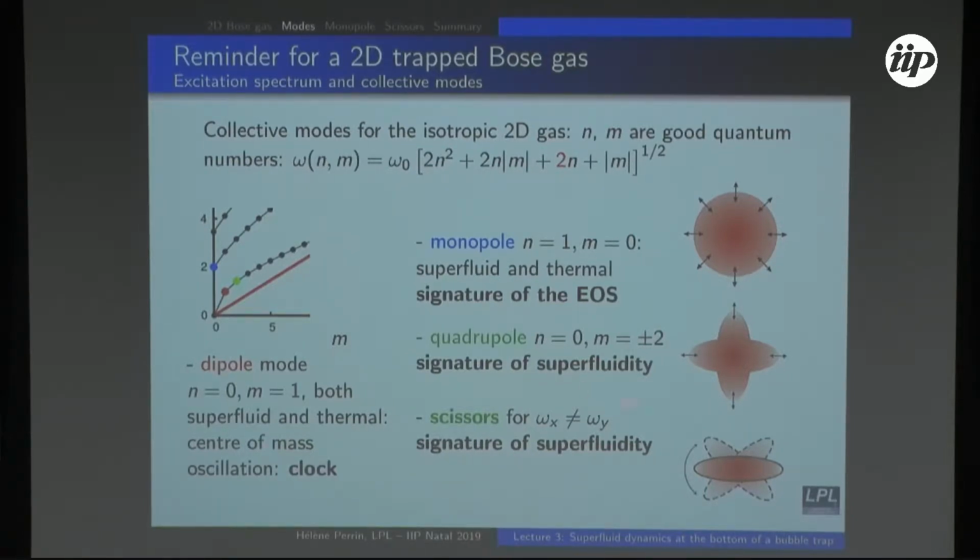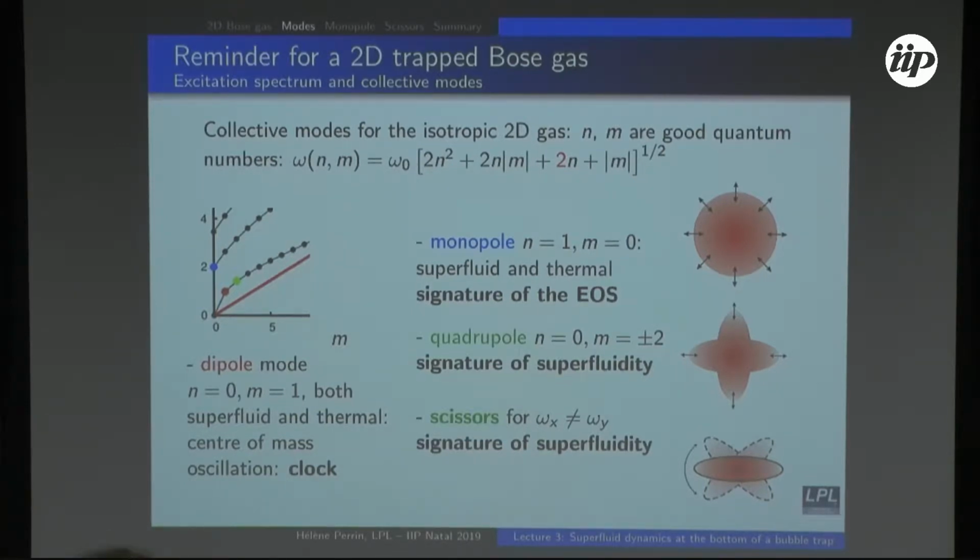And I represented them like that because in an isotropic trap, m equals plus or minus 2 corresponds to rotation with a frequency in one direction or the other. Because those two modes are degenerate, it is exactly the same thing as saying that you excite the gas by compressing one direction and extending the other one, and it will oscillate like that, or like this.